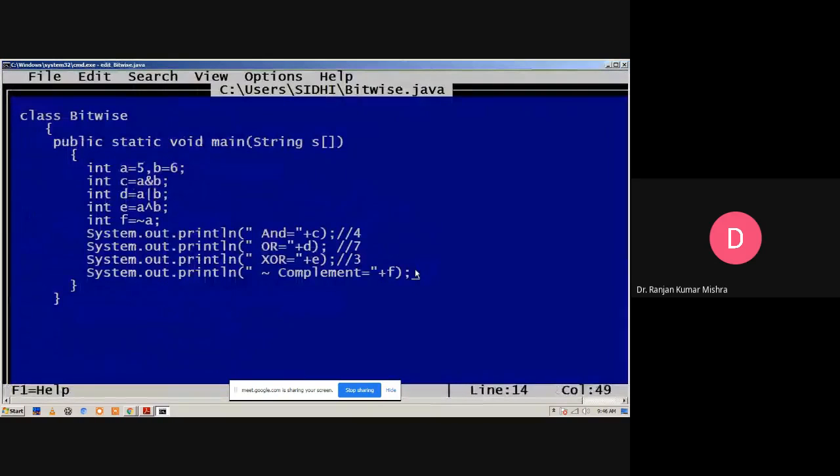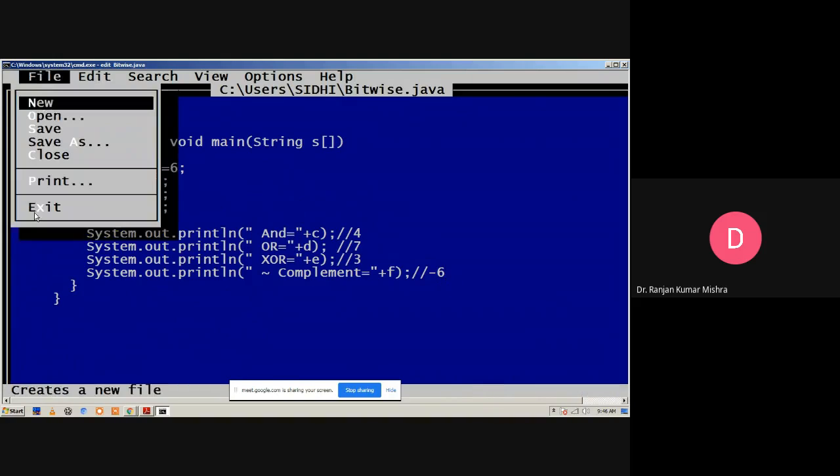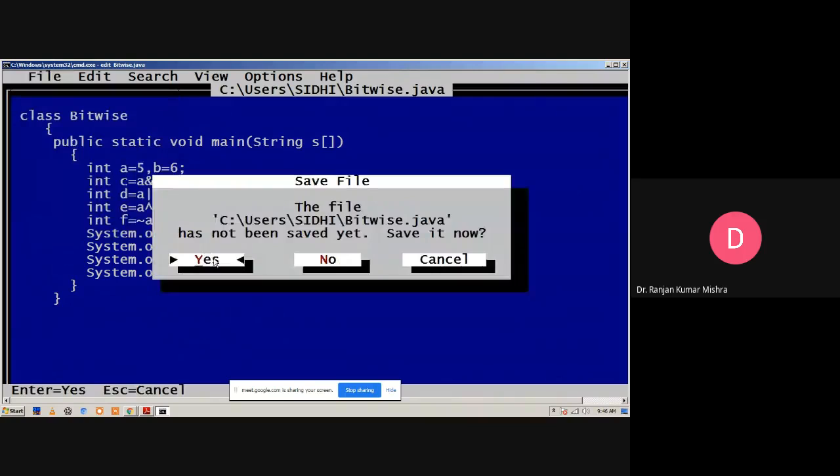So basically, I hope you understand all the bitwise operators and the different mechanisms adopted by these operators. The outputs are 4, 7, 3 and -6. Okay, now exit.